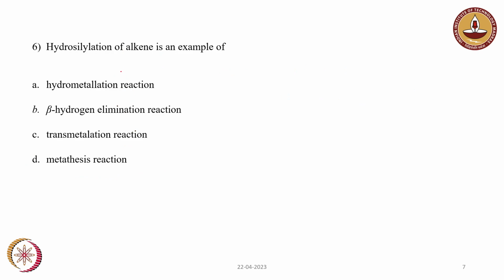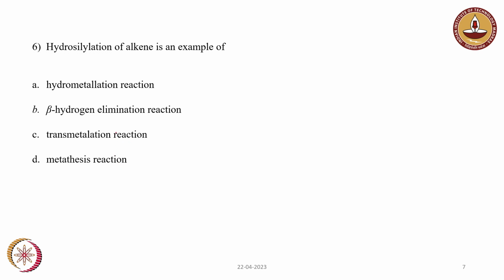Next question is hydrosilylation of alkene is an example of. Option A is hydrometalation reaction. Option B is beta hydrogen elimination reaction. Option C is transmetalation reaction, and option D is metathesis reaction.